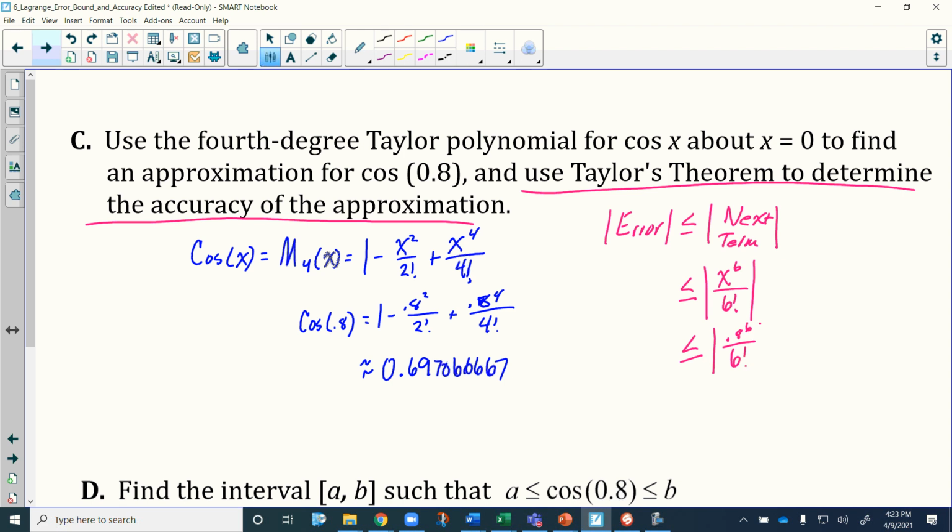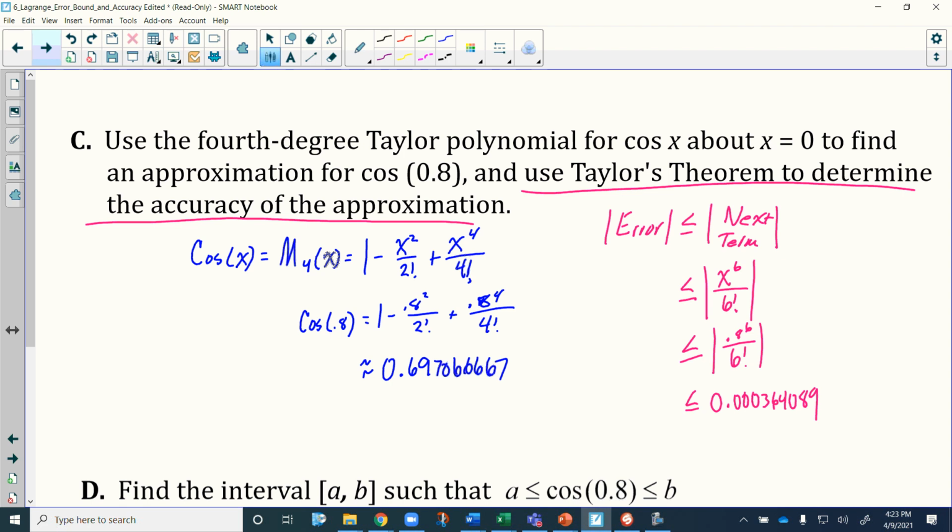over 6 factorial. And if I type that into my calculator, the error is going to be less than or equal to 0.00036408.